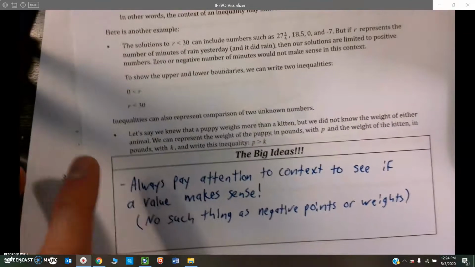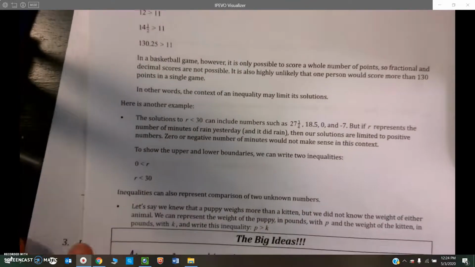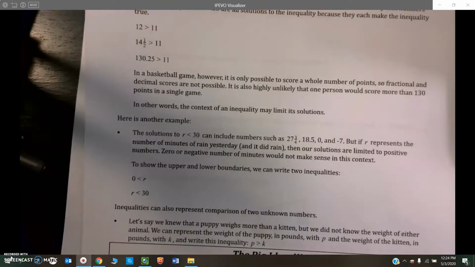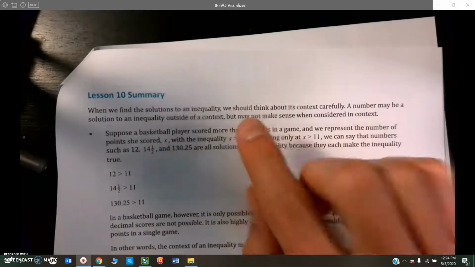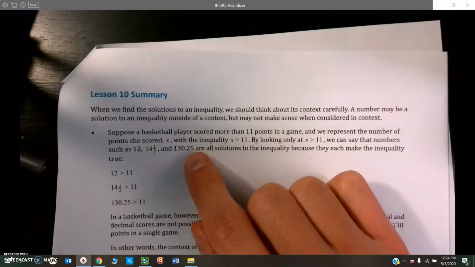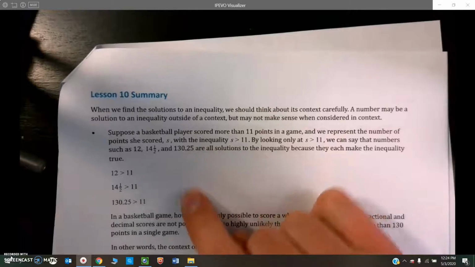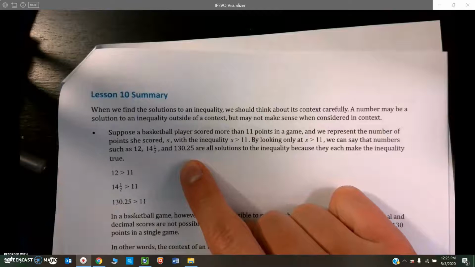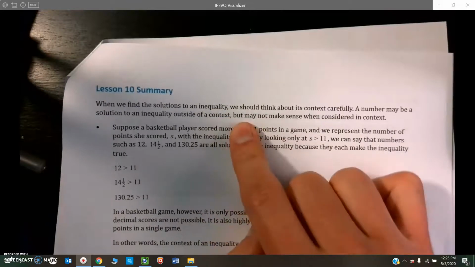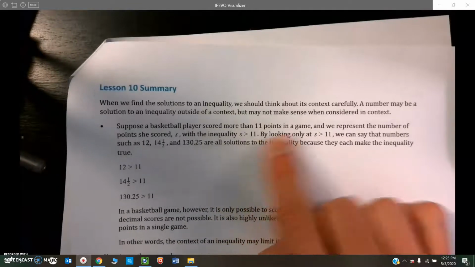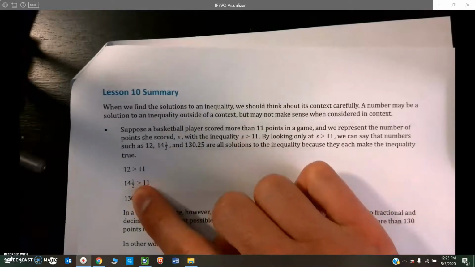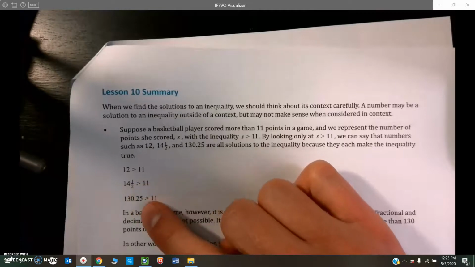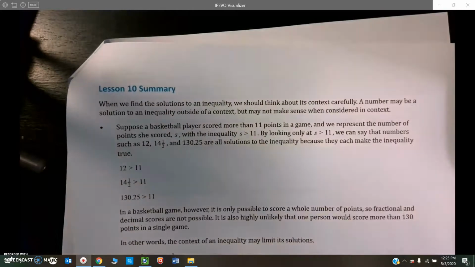And now, for your lesson summary, as always, make sure that you read it over. Looking at this, I'll just brush over this real quick. Once again, they're talking about the basketball game, and they're talking about things like 14.5 and 130 and 25 hundredths. So if we're saying that someone scored more than 11 points, and this is our inequality, technically, these 2 numbers satisfy the inequality, right? 14.5 is greater than 11, and so is 130 and 25 hundredths.